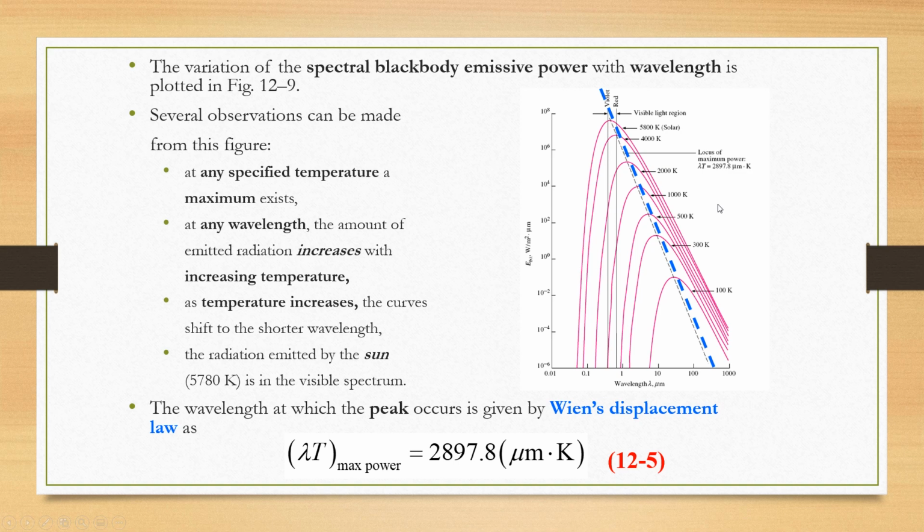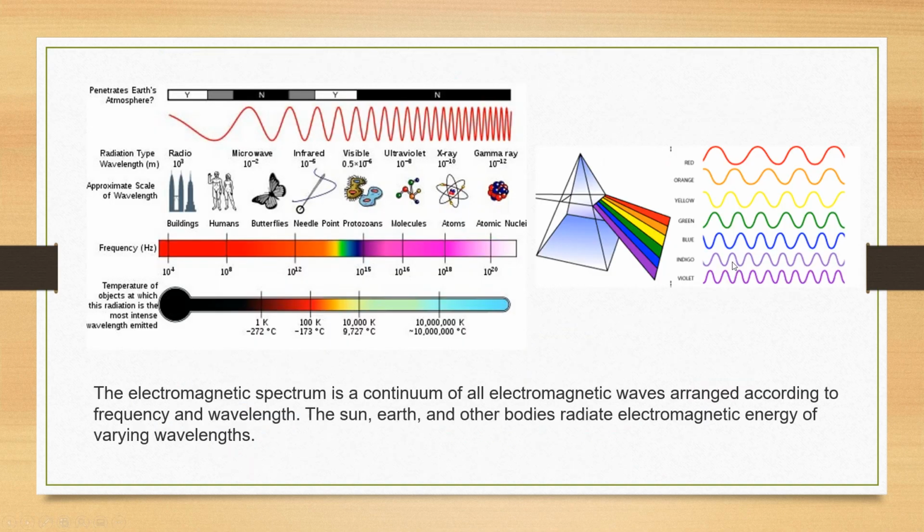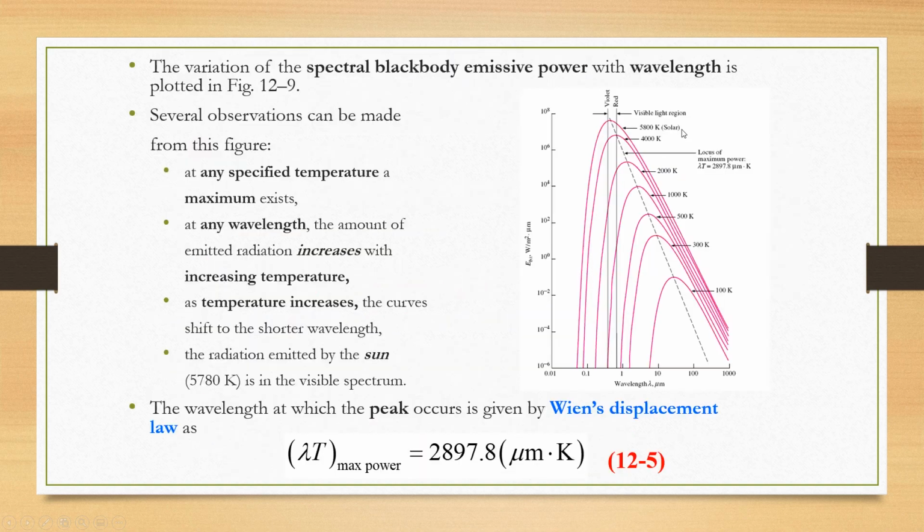We cannot see the infrared, while the visible light region comes from solar energy, with colors such as red, yellow, and many others, as I have shown you before. These colors are under the visible light region. For the infrared region, we cannot see it with our naked eyes unless the material reflects some of the energy.